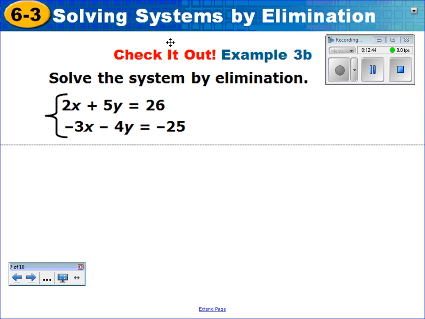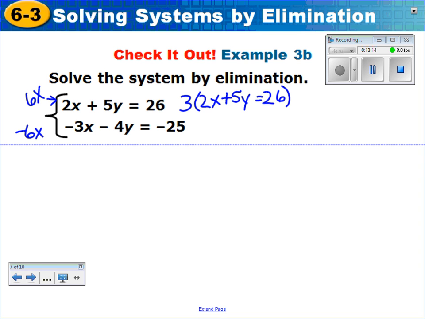This is the application. So we're going to take this, and I'm going to make this 6x. I want this one to say positive 6x, and I want this one to say negative 6x. So how can I get 2x to 6x? I know that 2 times 3 is 6, so I'm going to multiply everything in this equation times 3. So I have 3 times 2x plus 5y equals 26.